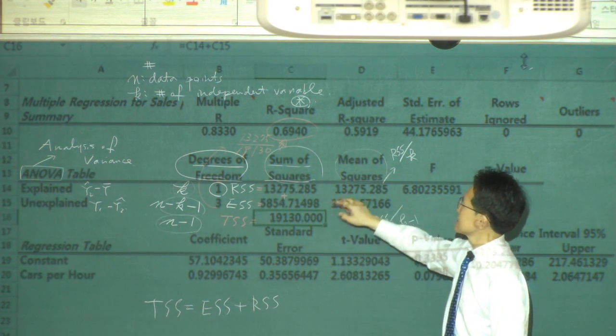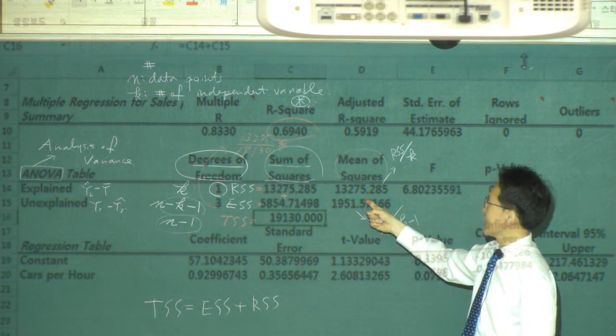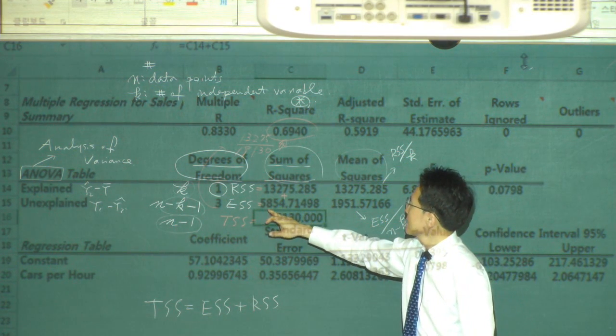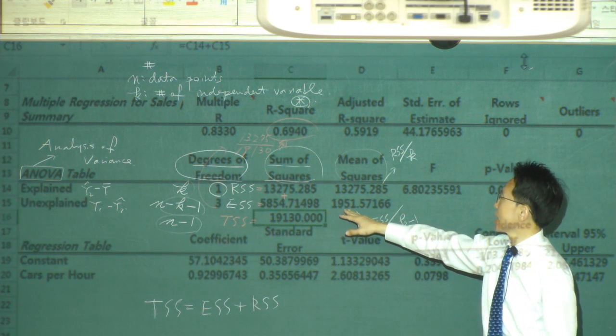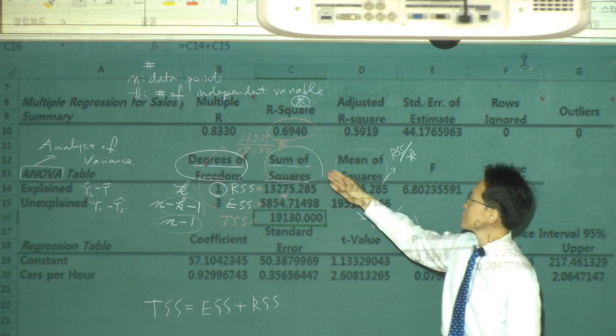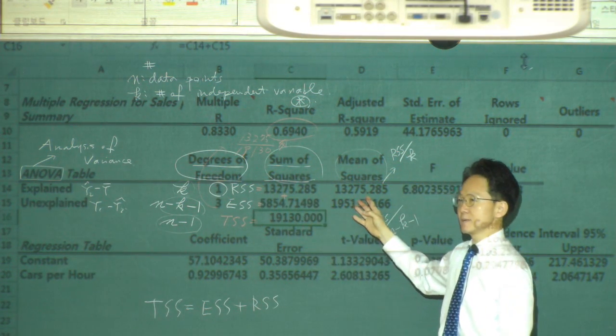In this case, 13,275 divided by 1 is 13,275, and 5854 divided by 3 gives 1951.